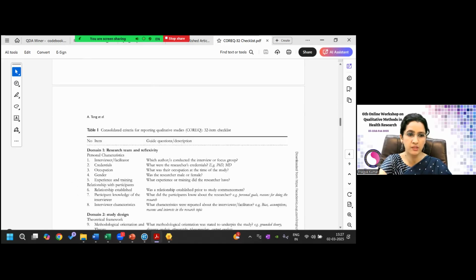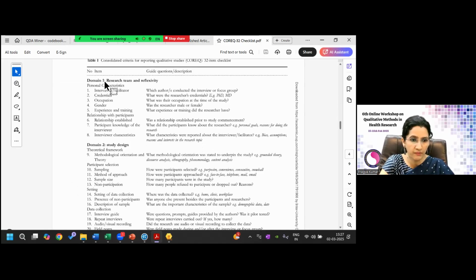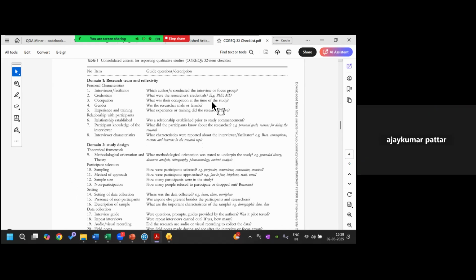But again, if you start from here, I think one person can read this domain 1. What is domain 1? This is all self-explanatory, but still I would like you to read for all of us. Domain 1, research team and reflexivity, personal characteristics, interviewer or facilitator: which author conducted the interview or focus group? Credentials: what were the researchers' credentials, example PhD, MD; and occupation: what was their occupation at the time of study?